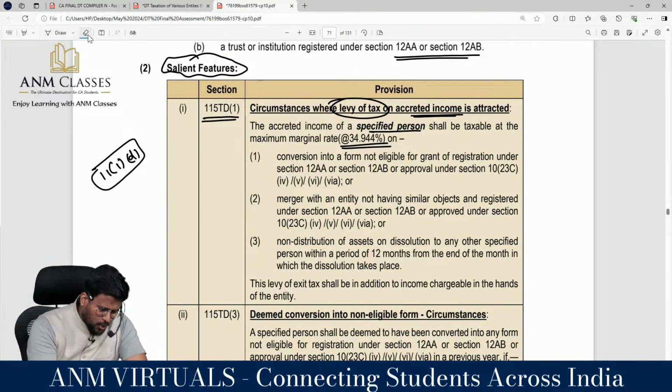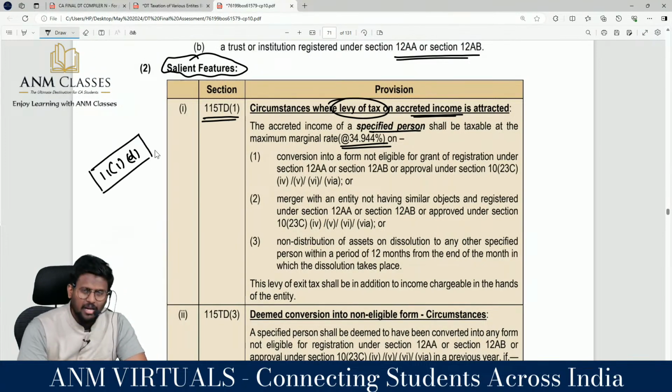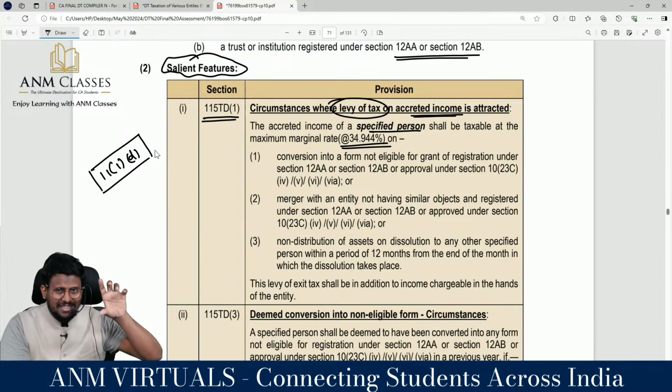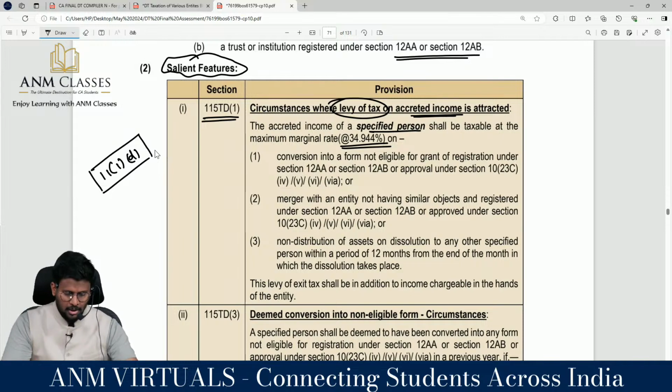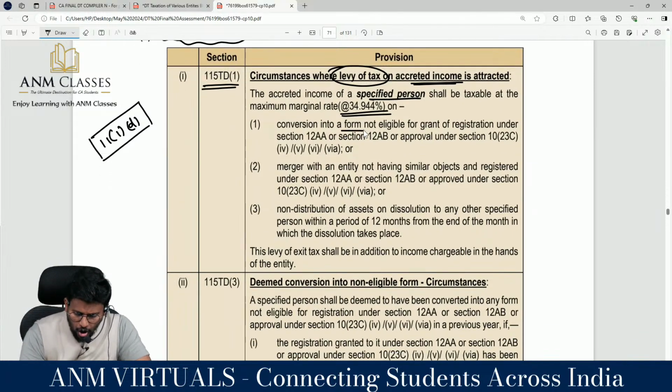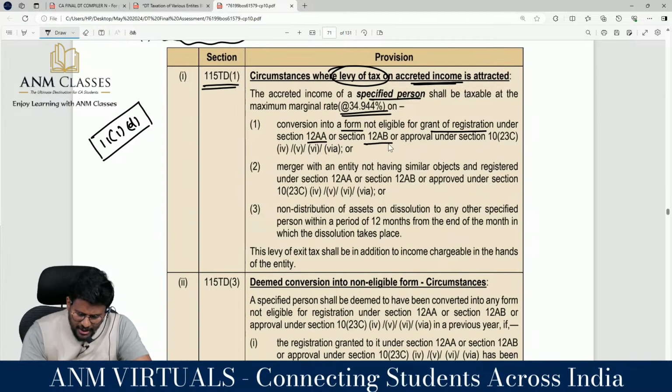But what you have done is wrong: after claiming the exemption, my dear lovable students, you have converted that corpus into a non-business purpose or business purpose. Conversion into a form not eligible for registration under section 12A or 12AB or approval under 10(23C) class 4, class 5, class 6.